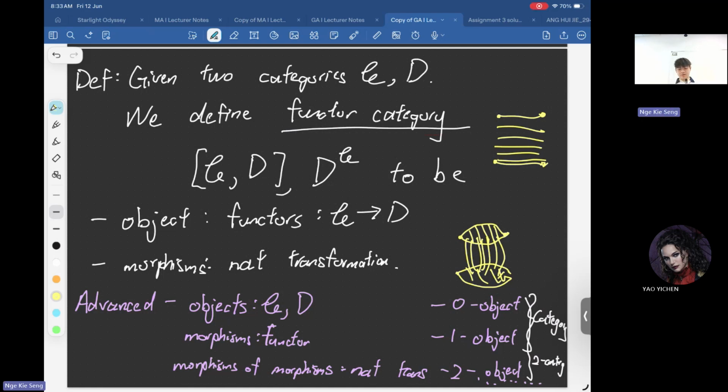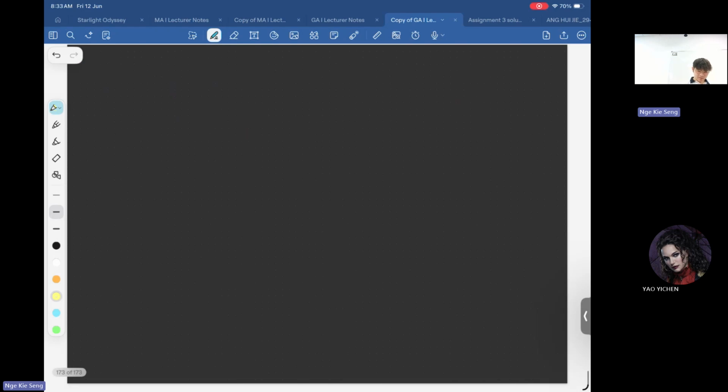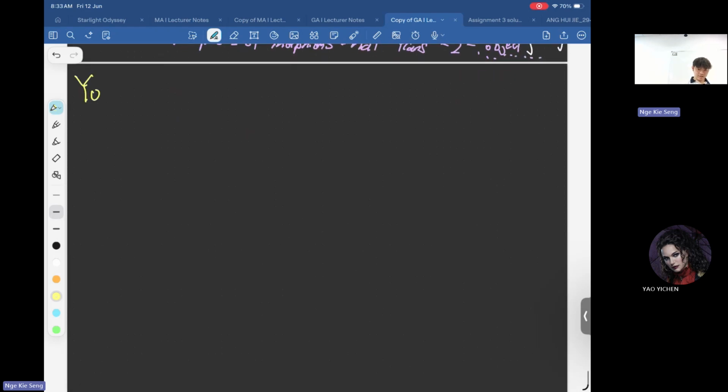And how do you build a cube? You just put a bunch of squares together. Okay, after this notation, we're going to introduce a very important lemma.